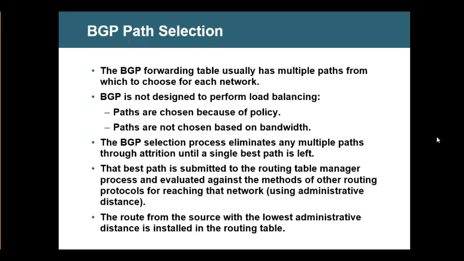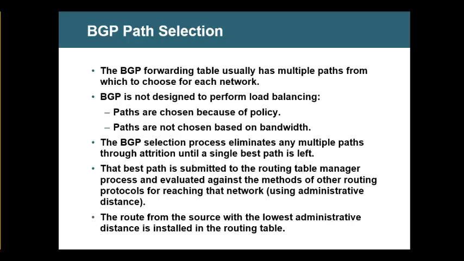But BGP will not use all paths, or it will not use more than a path. It will use just one path. Why? This is what people should know. Will BGP do load balancing?